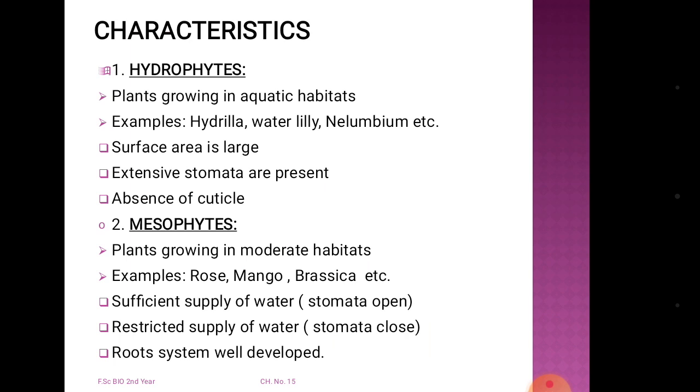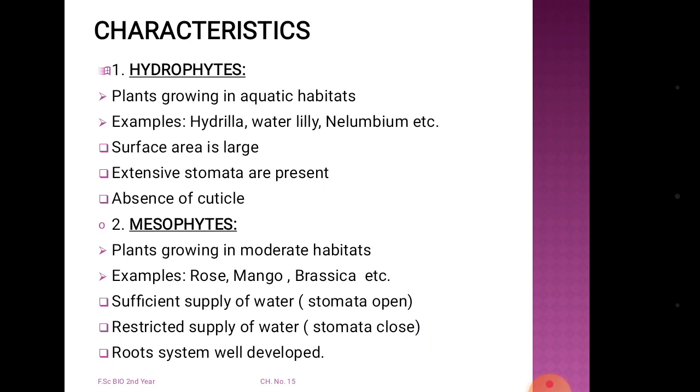Some of the adaptations in hydrophytes are that the surface area of these plants is large because there is a regular supply of water, so they can transpire the water fast. Extensive stomata are present, the number of stomata is increased, and no cuticle is present because they do not require to retain the water, since water is available all the time.